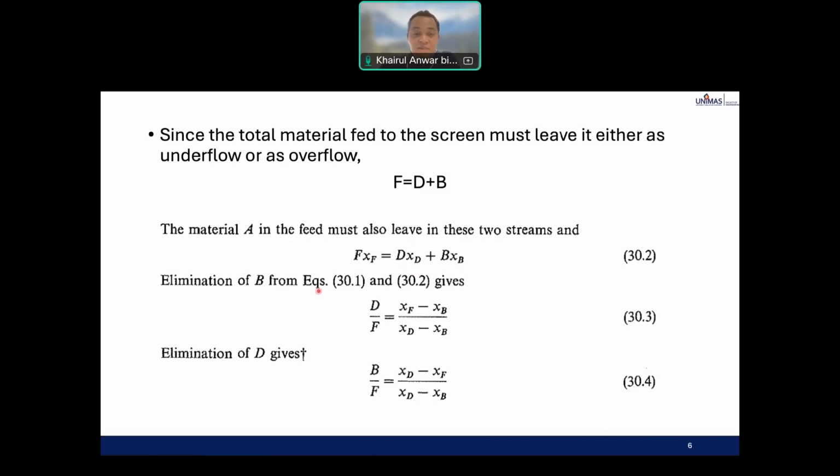Elimination of B from equations 30.1 and 30.2 gives D over F equals XF minus XB over XD minus XB. This is equation 30.3. Elimination of D gives 30.4. So F is still the same. F is feed. So feed is equal to D plus B, or overflow plus underflow.